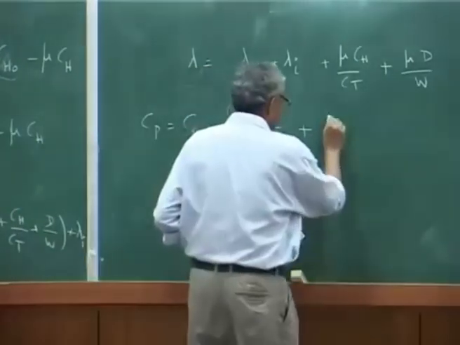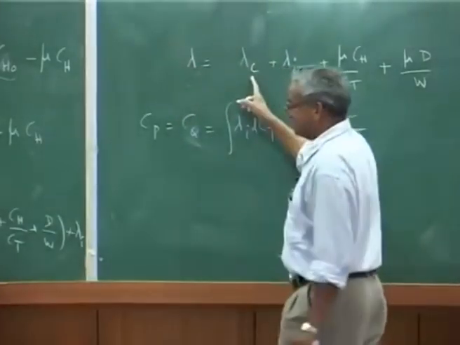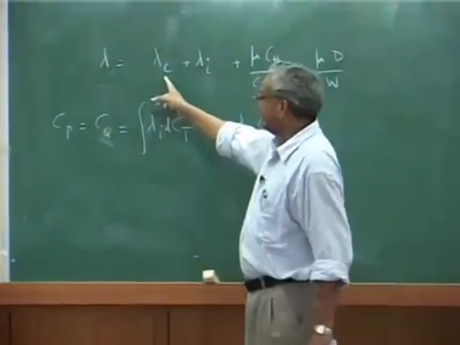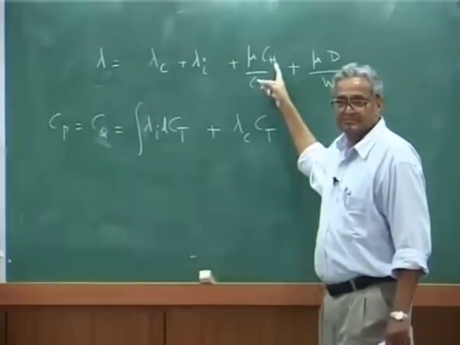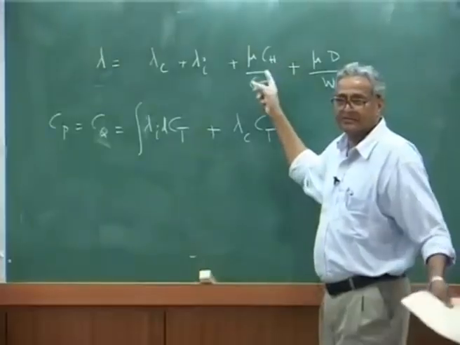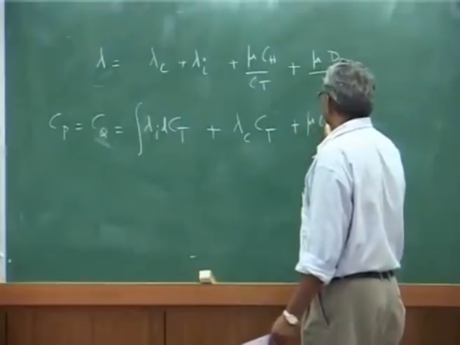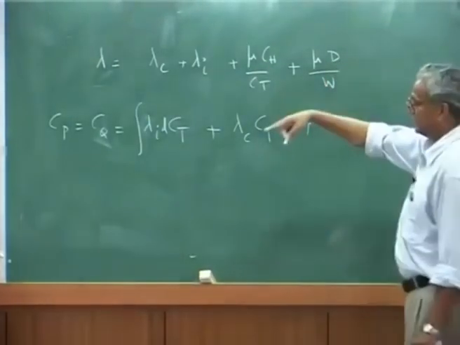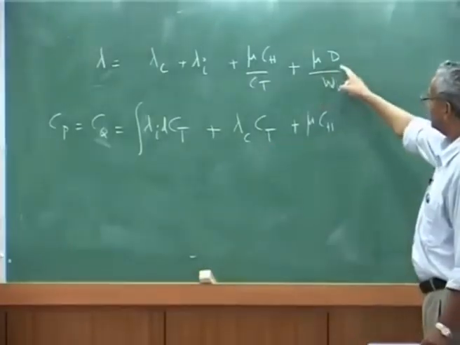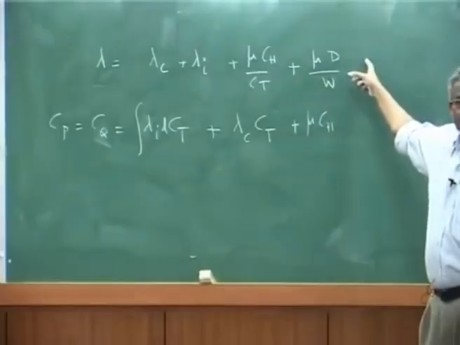but lambda c Ct, that is lambda c Ct, this is a constant. Then I will have mu ch, that is anyway coefficient. So, Ct and Ct will go off, plus you will have mu ch, then this will be, that is again mu d over w, and you will have a Ct.